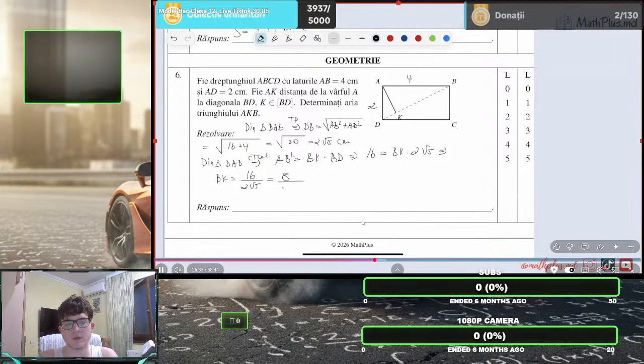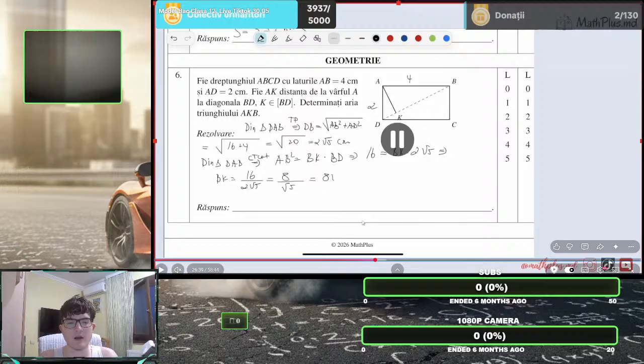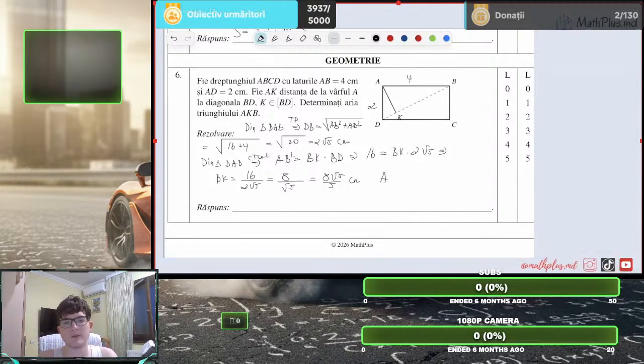Oh no, it's flipped. So it's 8 divided by square root of 5. If we multiply everything by square root of 5, it's going to be 8 square root of 5 divided by 5, right? Yeah. So we got this.